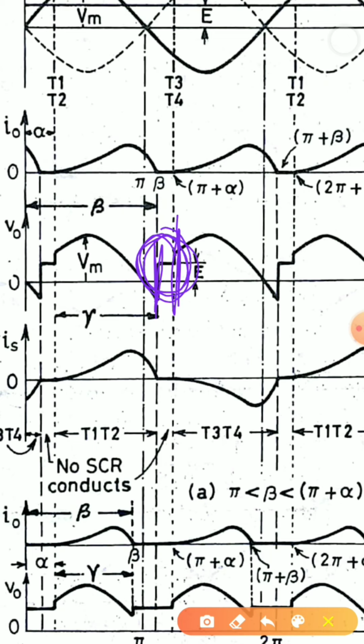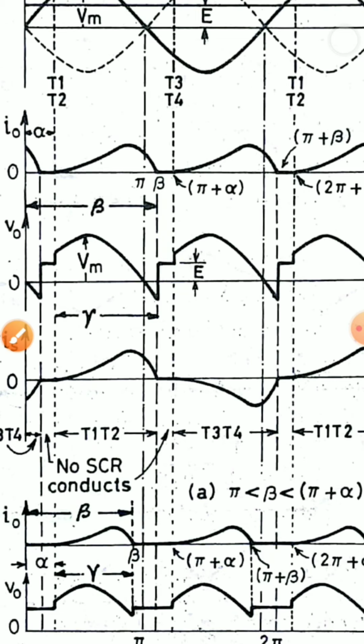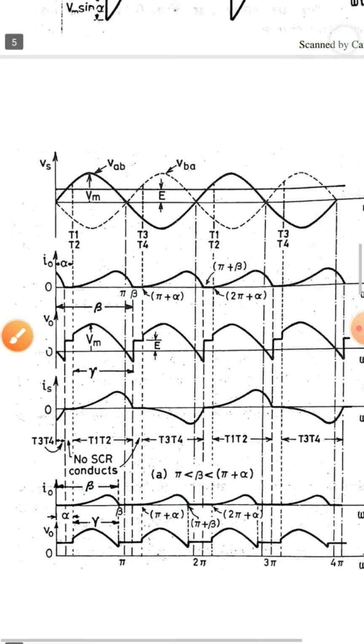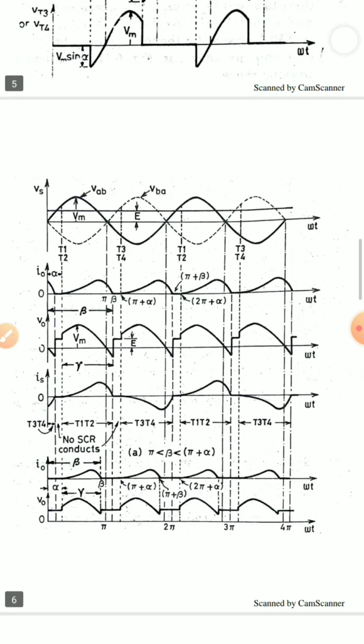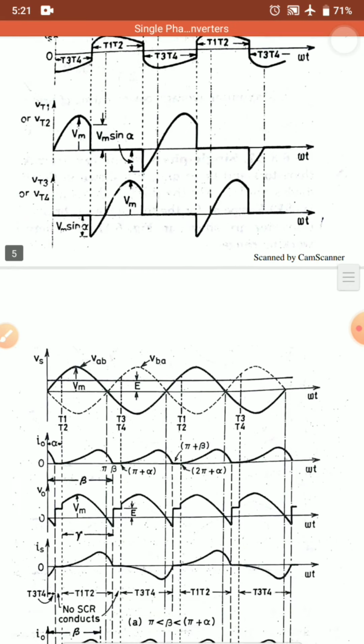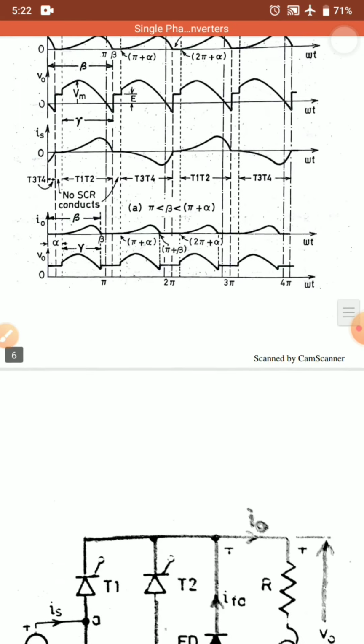The current flow is only because of the battery EMF connected. No SCR is conducting in this duration. So this is called my idle period, and the other duration is called my conduction period. Now why do we get discontinuous current operation? We get it if the value of the inductor is so small that it completely discharges before the firing pulse is applied.